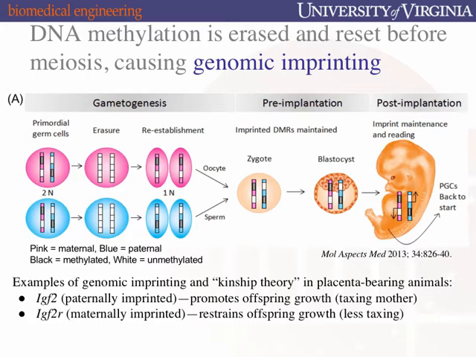I should mention that genomic imprinted genes, you can list them, they're on the order of hundreds of genes. So we have 20,000 genes in our genome. So this is a small fraction that are imprinted either on the mom or the dad, but they're recurrent and consistent. And some of the examples are pretty interesting.